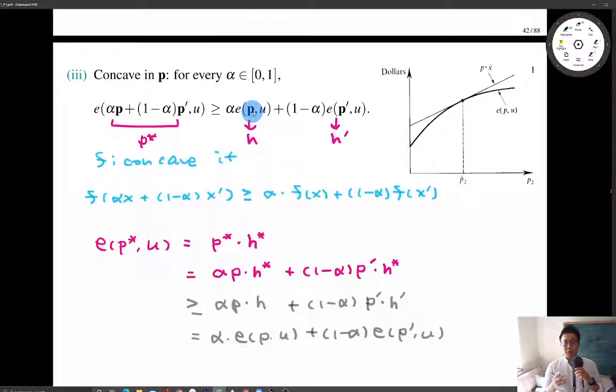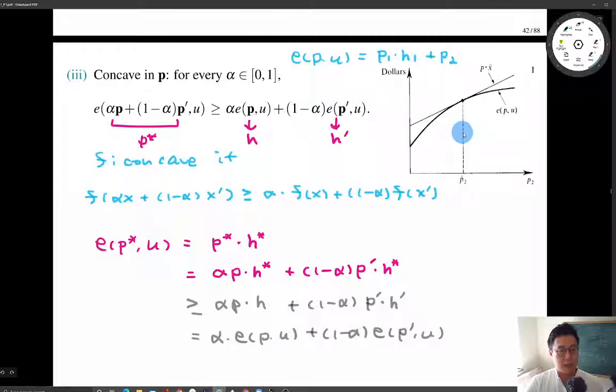The more important thing is the interpretation. If we think intuitively about why the expenditure function has to be concave in price, in the case of two goods, the expenditure function is P1 times H1 plus P2 times H2.